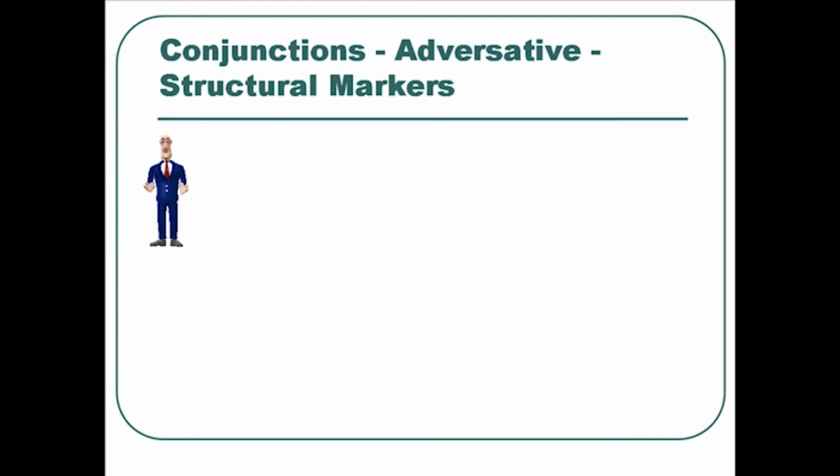The next set of markers are adversative structural markers, and they are used when there's a contrast being made. He went to the store, but he didn't get the milk. There's a contrast going on, so you have these adversative structural markers. Alla, as we've seen already, means but, and it's a major structural marker of contrast.